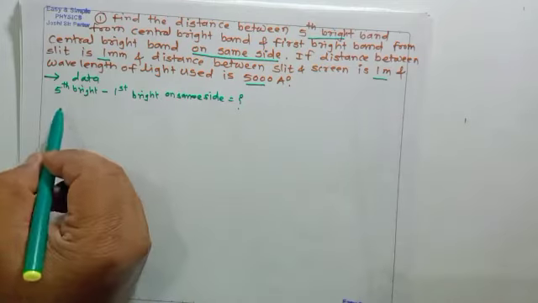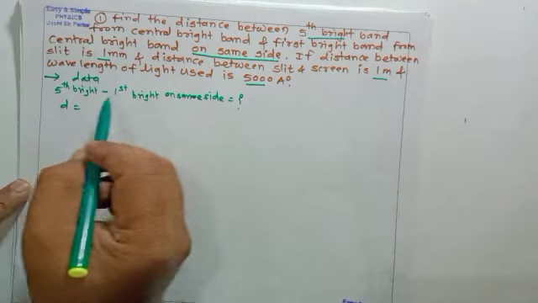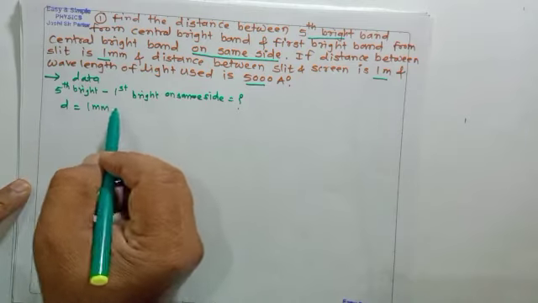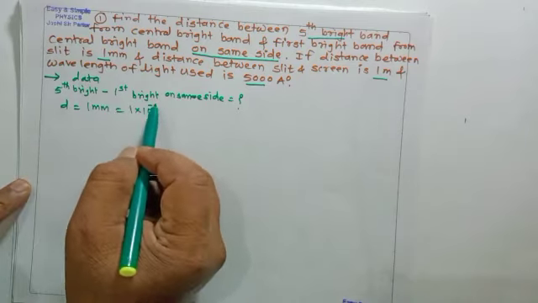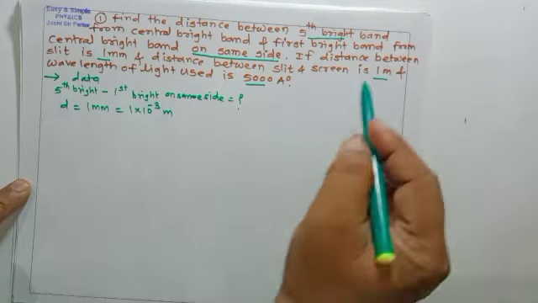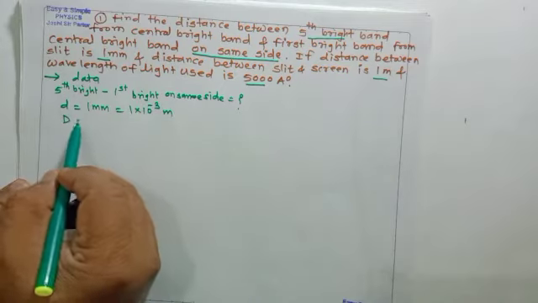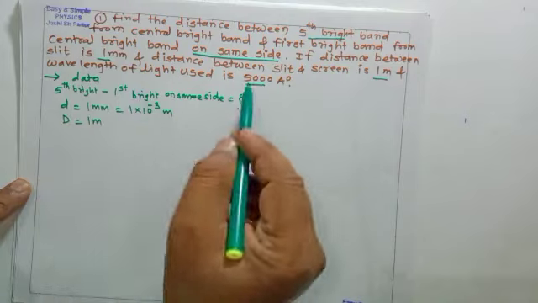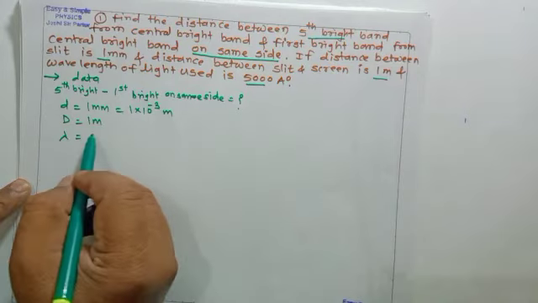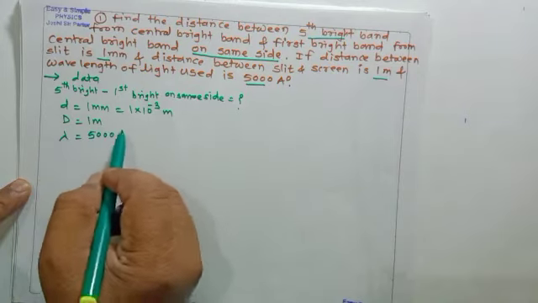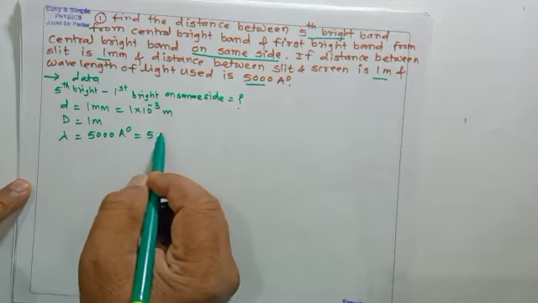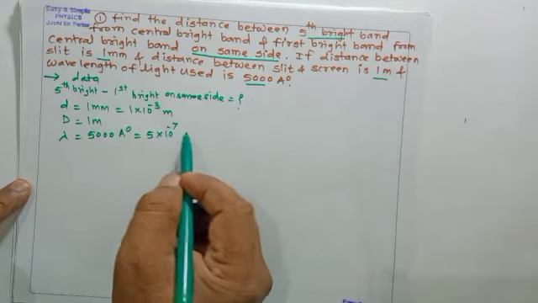If distance between slit, that is small d, is 1 millimeter, 1 into 10 to the power minus 3 meter, capital D which will be 1 meter, and wavelength 5000 angstrom unit means 5 into 10 to the power minus 7 meter.